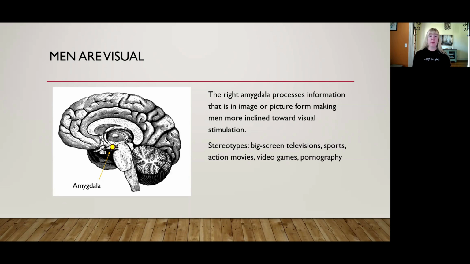Whereas you'll see with the women, the left amygdala has more of an internal focus. It scans the internal state and it looks for signs internally to the body about whether or not there's a problem. So men are going to be focused more on situational awareness and the things that are going on around them than necessarily women are.